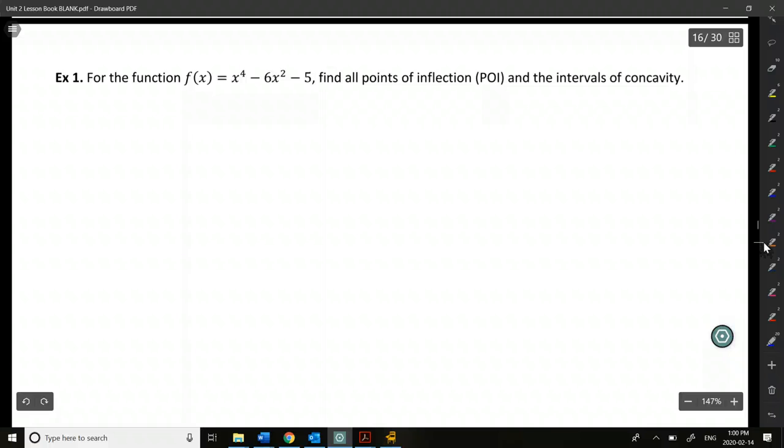Okay, so types of questions that you might see: for the function f(x), find all points of inflection and the intervals of concavity. Okay, so if you see points of inflection and concavity, you want to think second derivative.